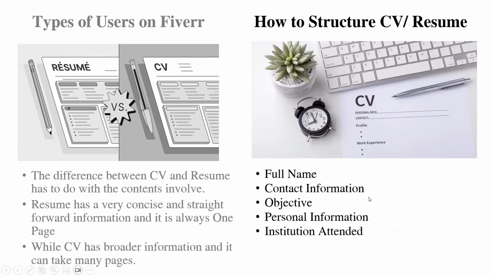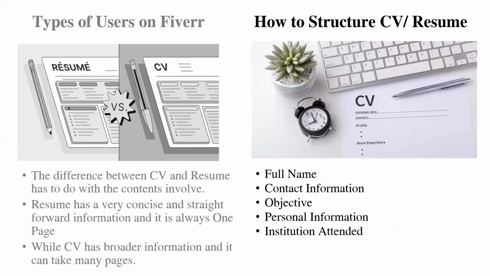Then you go ahead with institutions attended. You need to put your institutions. Start with the highest qualification. Sometimes just put the highest qualification and the relevant qualifications that you have. Or if you want, put your educational history, maybe master's degree, BSc in this and that.